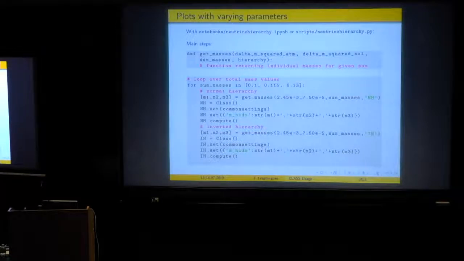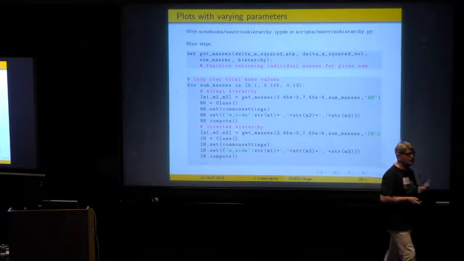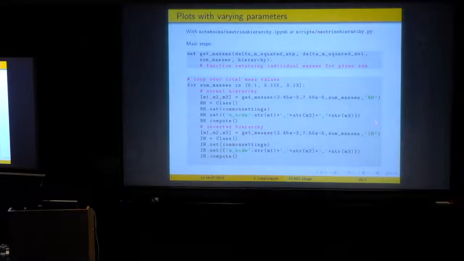I set the command parameters, and then this is the command that you will use to set the variable mncdm to a list of 3 values, because mncdm can be set to 1 value when you have only 1 non-cold dark matter species. But if you have 2 or 3 or 4 non-cold dark matter species, mncdm is supposed to be a list of 1, 2, 3 values.